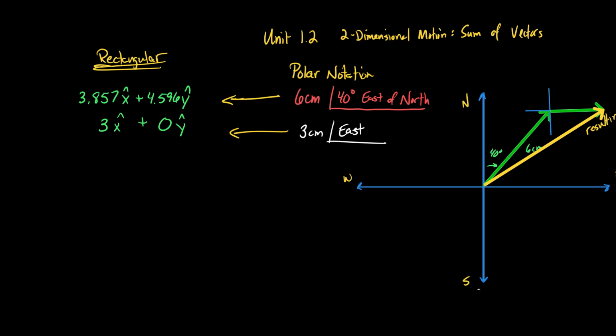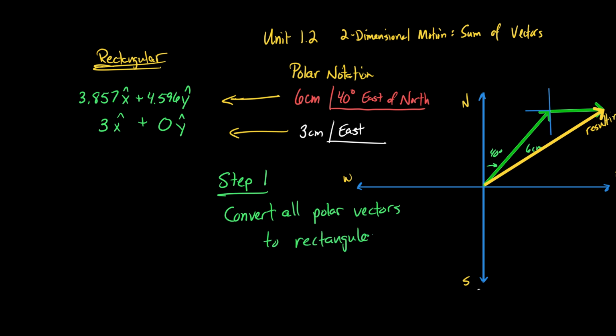So that's step 1. Convert all polar vectors to rectangular components.